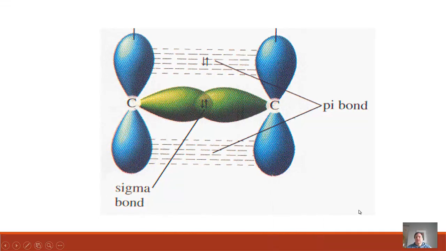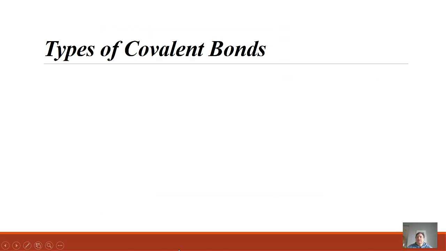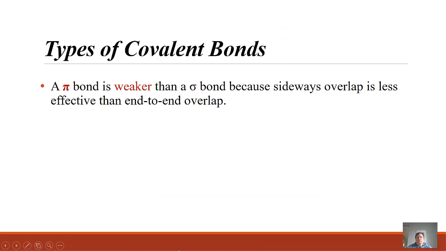Pi bonds come in when we have double and triple bonds. Sigma bonds then are only with single bonds. Because the pi bonds are above and below that internuclear axis, they're weaker than sigma bonds, because the overlap is less effective than the end-to-end overlap. It's not as strong, so pi bonds are weaker.